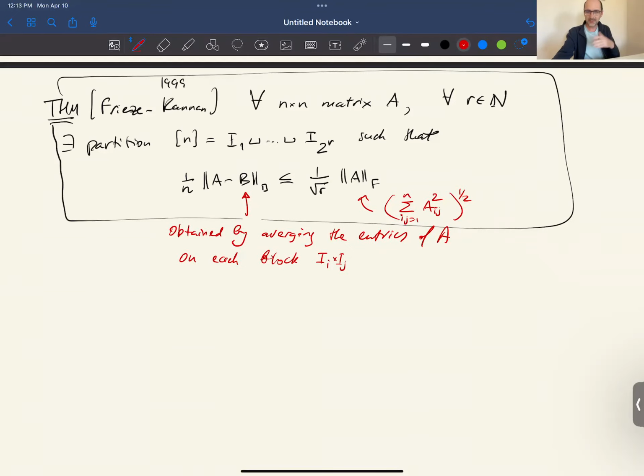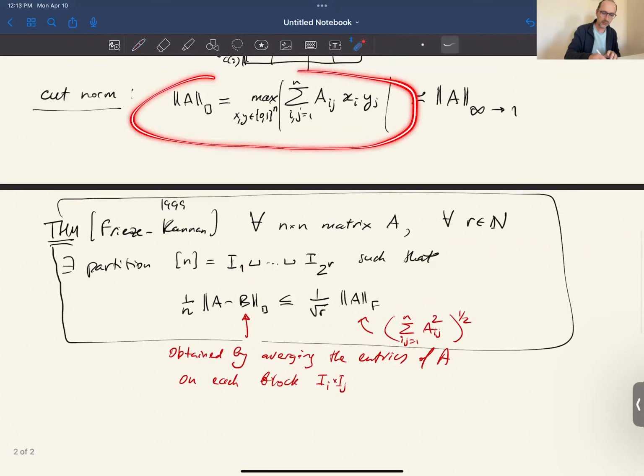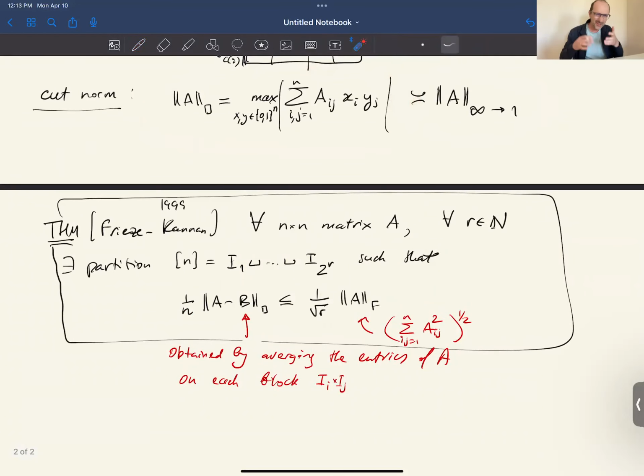Okay, so like I said, the cut norm is kind of the right norm in combinatorics, and if you look at graphs, because you are kind of cutting off little submatrices. But it is not such a natural norm if you forget combinatorics.